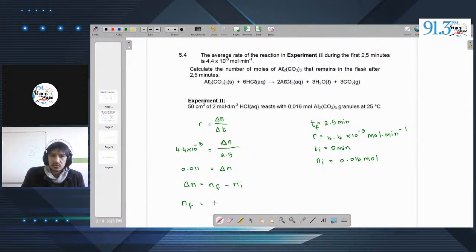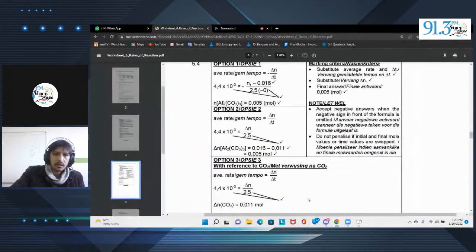So this is going to be 0.016 minus 0.011. And this gives us 0.005 mole. So if you look here, 0.016 was what we started off with. So we're taking the initial amount minus the change, because this is what we started off with, and it's greater than this value over here. So that's going to indicate the change.